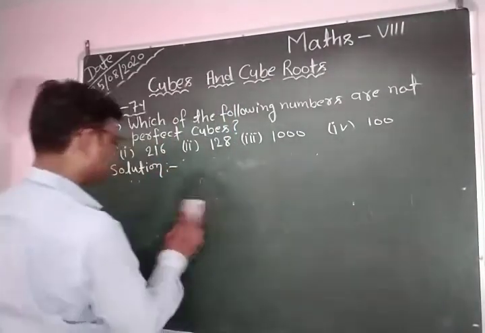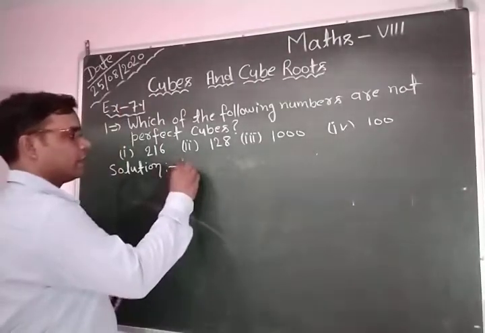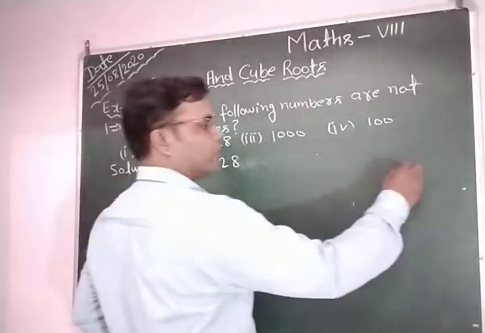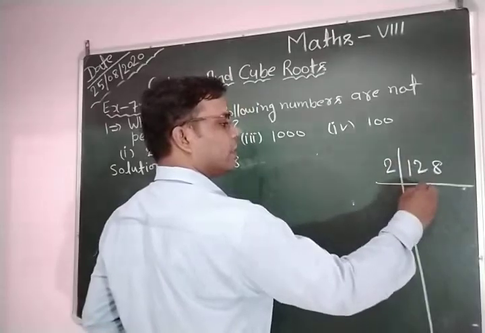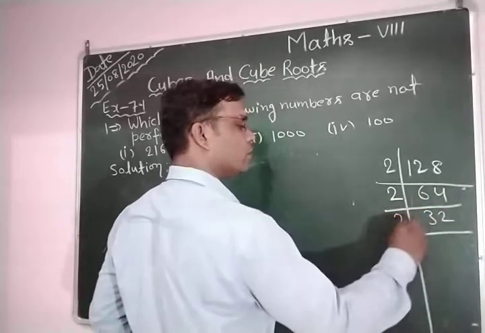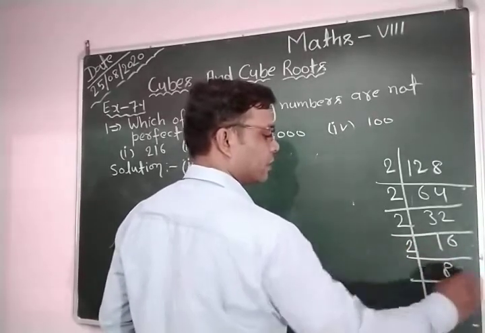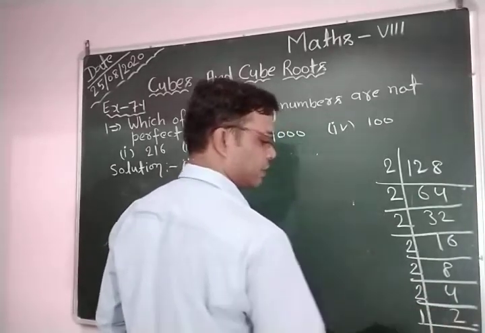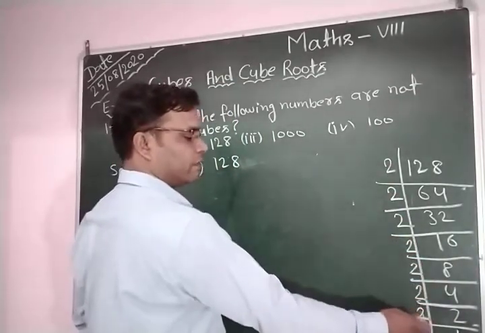So first we find the prime factorization of 128 by the prime factorization method. We divide by 2 repeatedly: 64, 32, 16, 8, 4, 2, and 1.